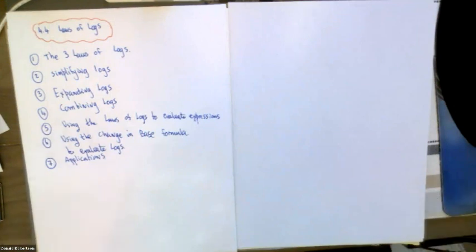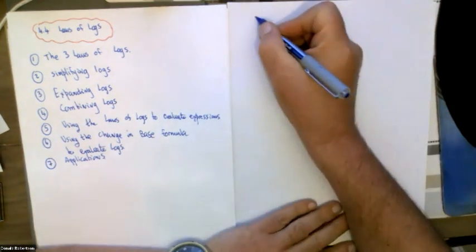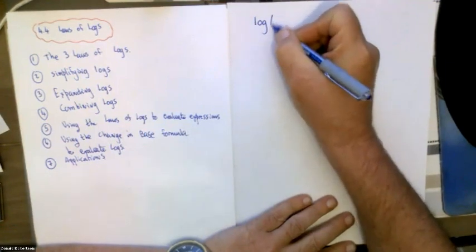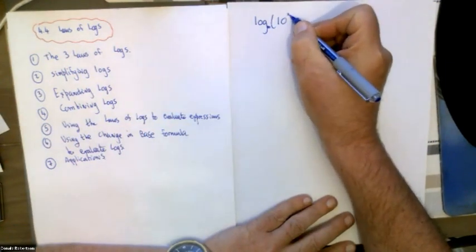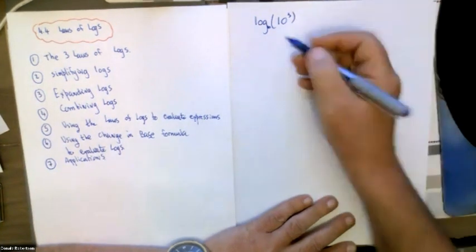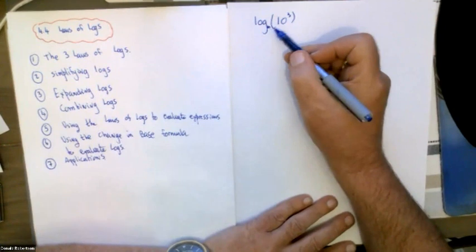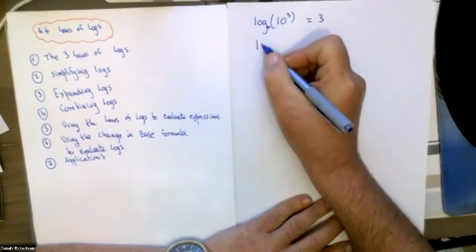So how can we use this to maybe simplify some logs or to eventually calculate them? So here's one. The log to base 10 of 10 cubed. Now typically I would just call it log, but for this benefit it's going to be important. The log to base 10 of 10 cubed is going to be 3.